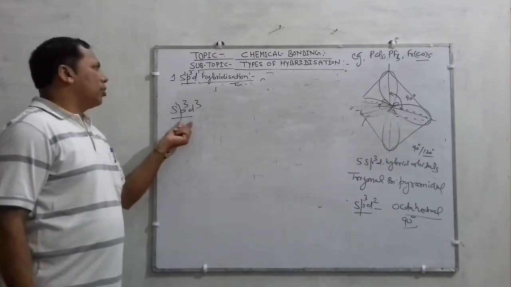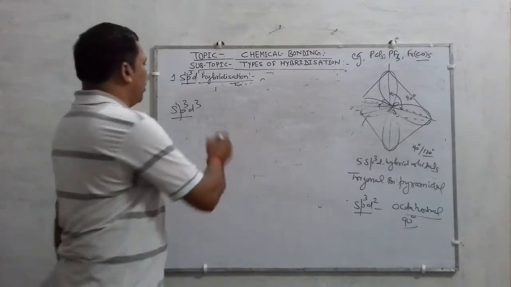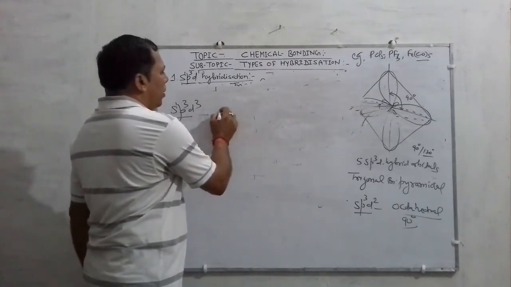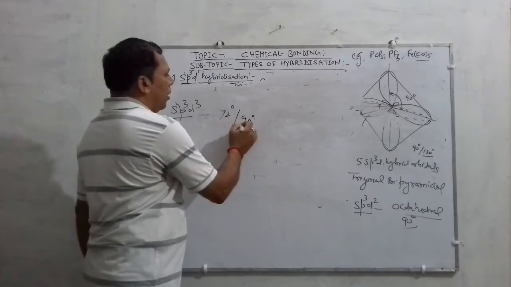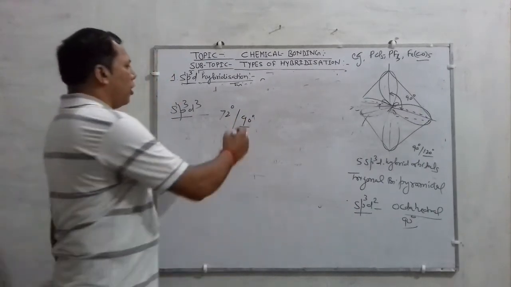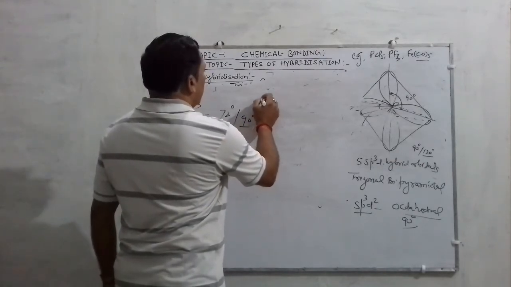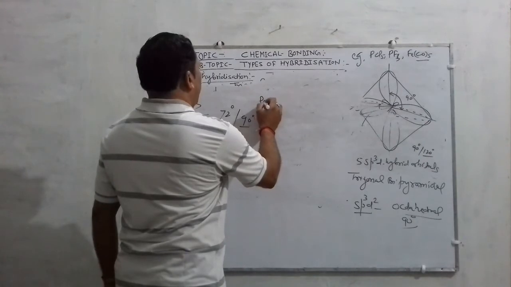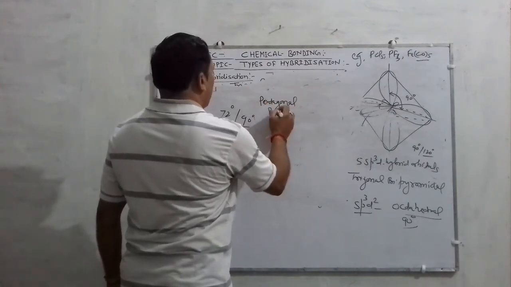This hybridization is called sp3d3 hybridization, and in the case of sp3d3 hybridization, the bond angle is 72 degree and 90 degree, and the geometry of the molecule is pentagonal bipyramidal.